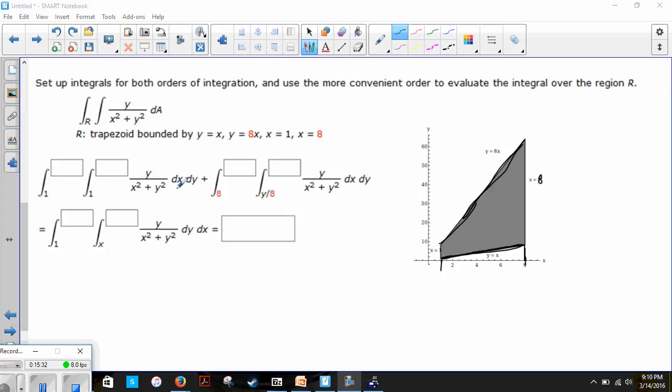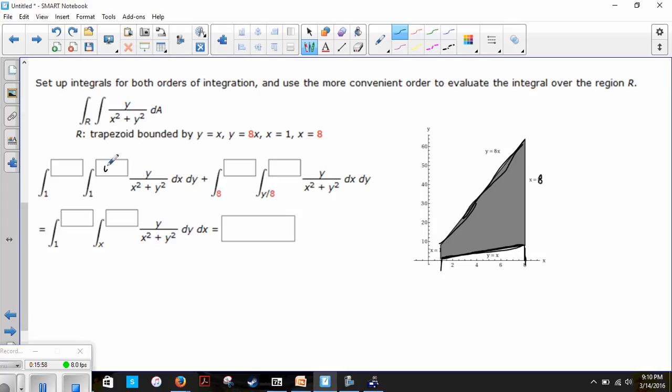Then when I do my substitution for the x, I want to be able to put in y's because then I need to integrate with respect to y. So I'm going from the 1 to whatever it says over here for my y equals x, but I don't want to use the x, because if I plug in another x, I have to deal with him when I have the dy.